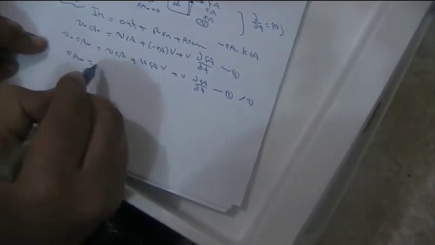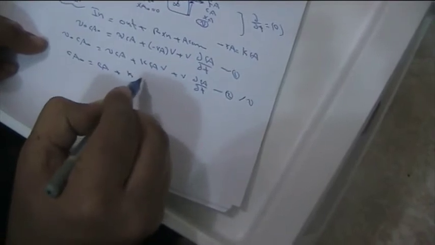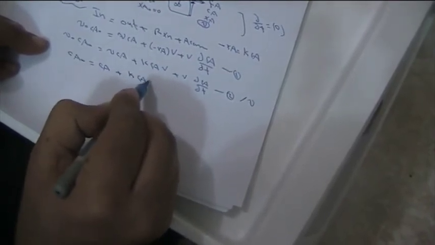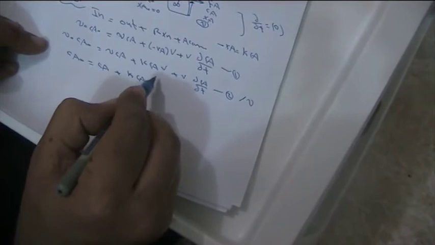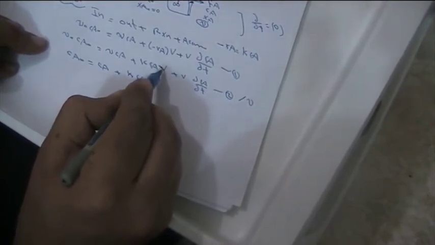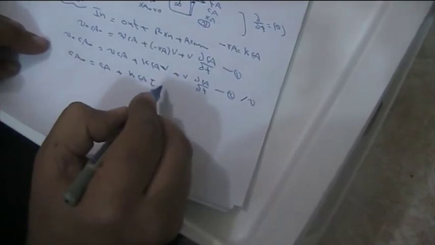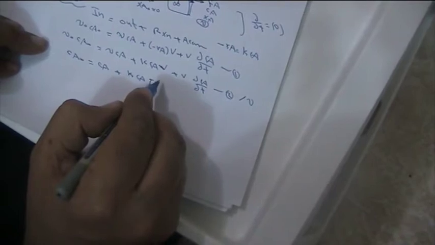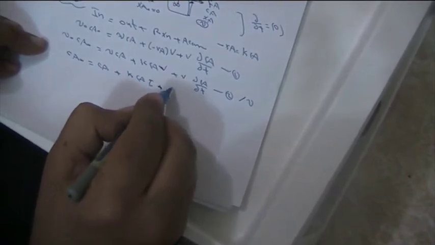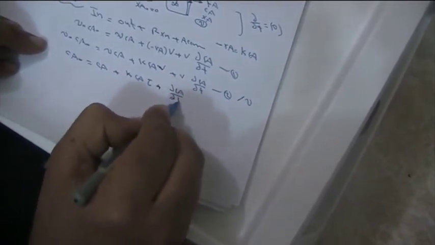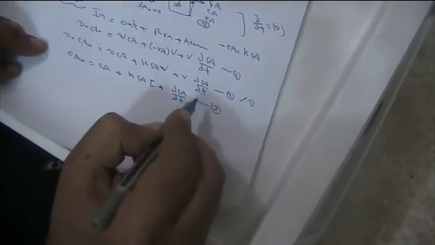So when we divide by V, we will have CA naught equal to CA plus K CA tau, since V over V naught is tau, plus dCA over dt, and this is equation 3.